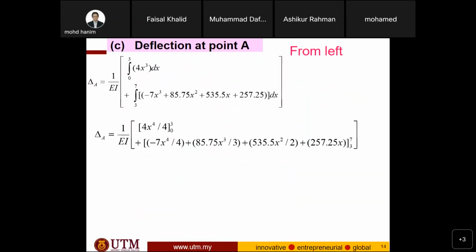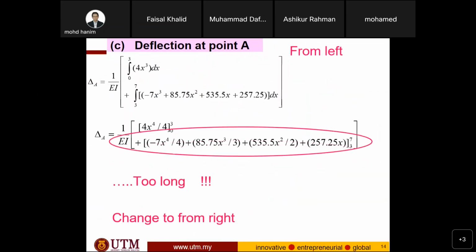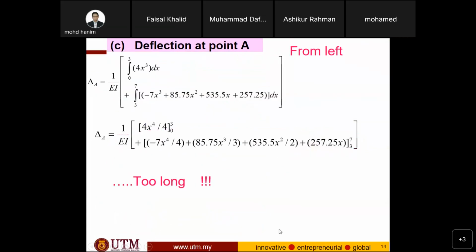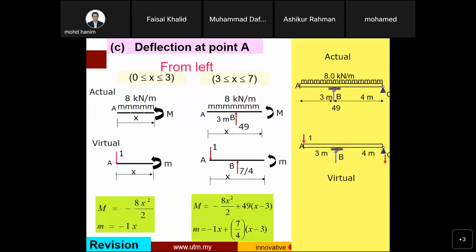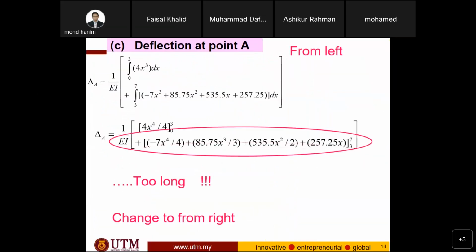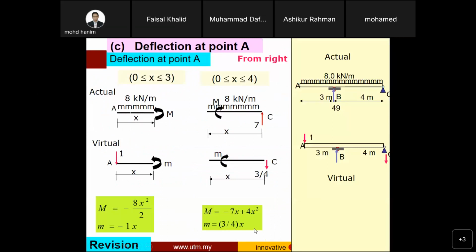Then this one: M equals minus 7 plus 4x squared, and small m equals 3/4 over x. What about this one? Too long, minus 8x squared over 2, and so on. So compare with when you start from the right. Here is the formula. Short.